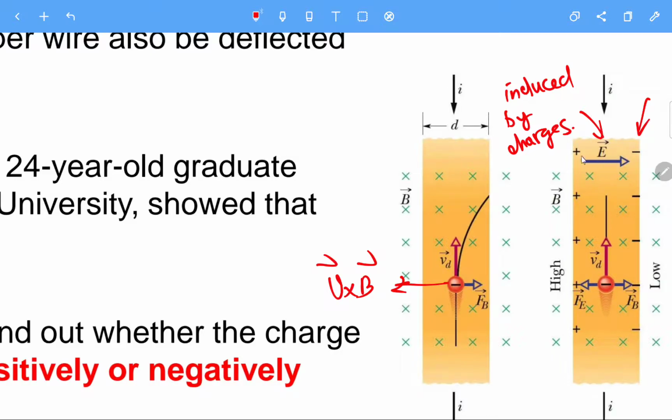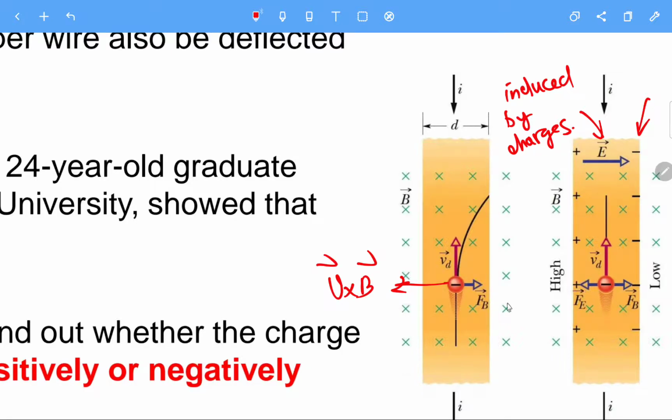So there will be an E field pointing to the right side, and this is negative charge, so there will be a force Fe pointing to the left side. So Fb points to the right side, Fe points to the left side.